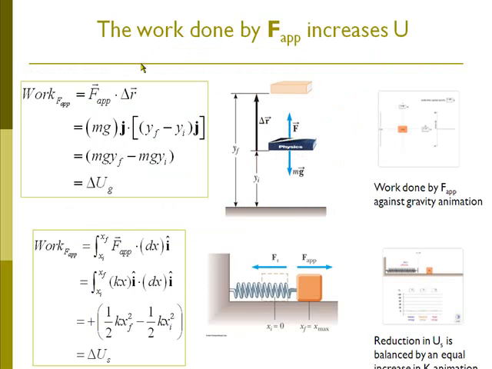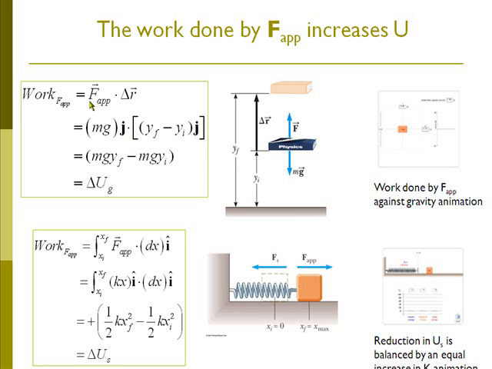Well, let's explore what happens to potential energy when work is done by an applied force. We have two examples. We have an applied force on a book that balances the gravitational force on the book, that is the weight of the book, and we also have an applied force on a spring-block system that balances the spring's restoring force.